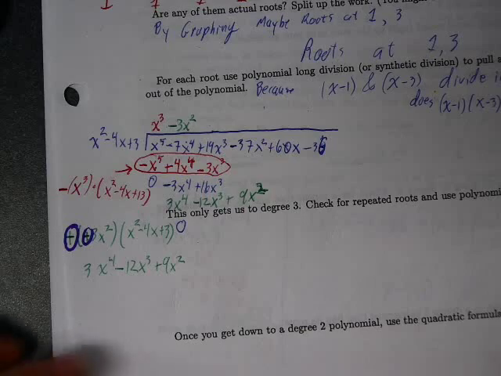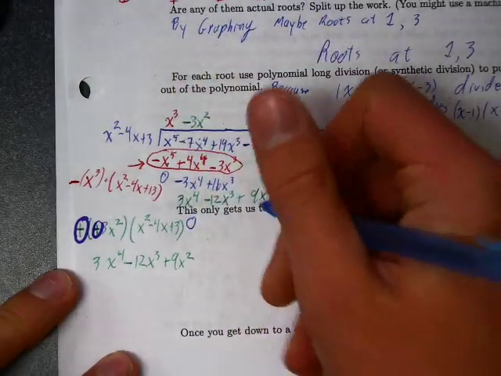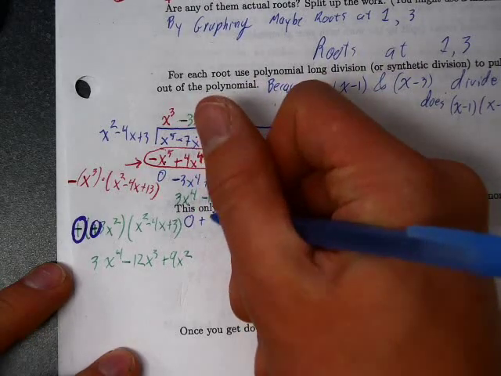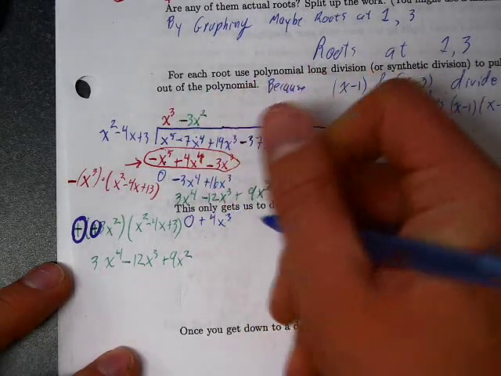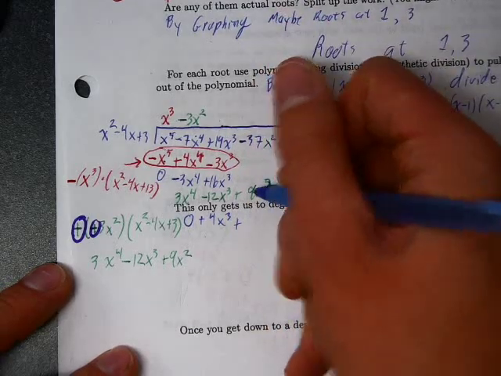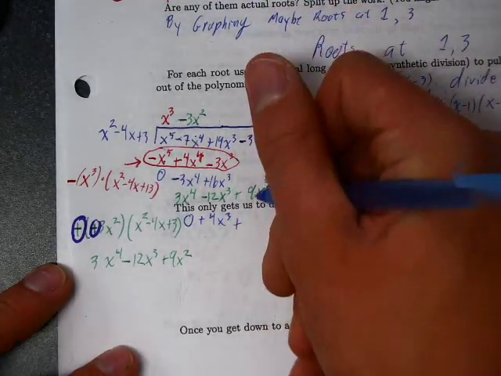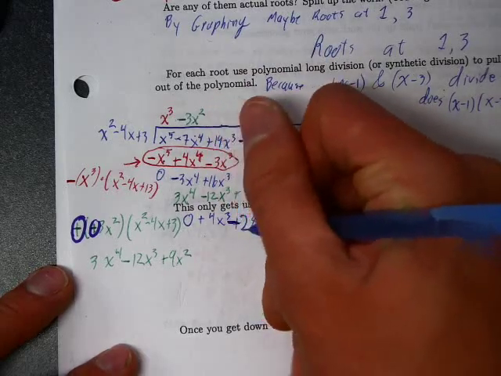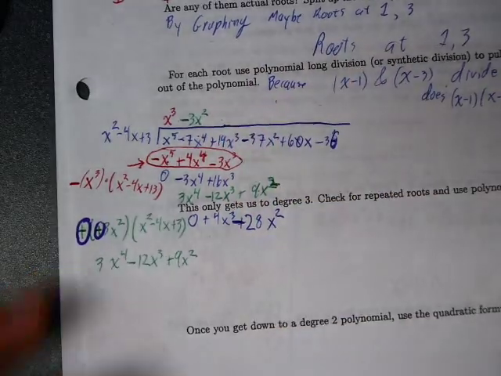Okay. So 0x to the fourth, so that has to be a 0. If it's not, then I screwed up. Plus 4x cubed, plus 9 minus 9... let's see, 17 minus 9 is 8, minus 28x squared.